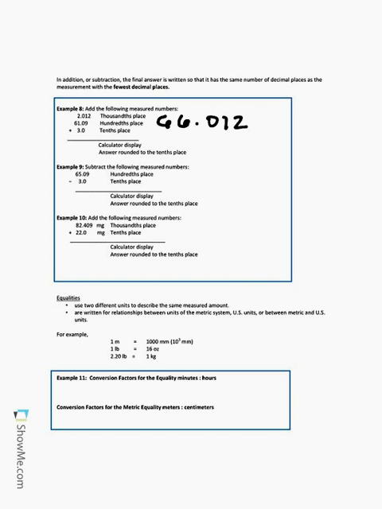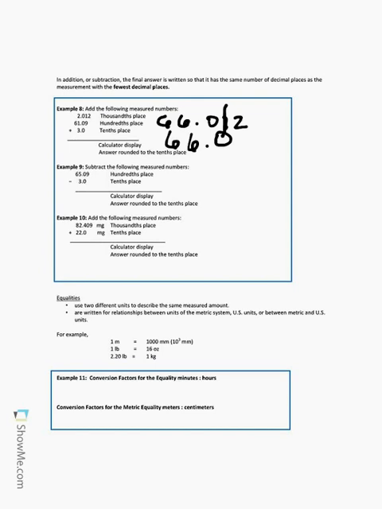The second number, 61.09, has 2 decimal places. The final number that we added, 3.0, has 1 decimal place. Therefore, our answer should have 1 decimal place. If we draw our line here, the number immediately following the line is a 1. Therefore, we round down. So our final answer is 66.0.